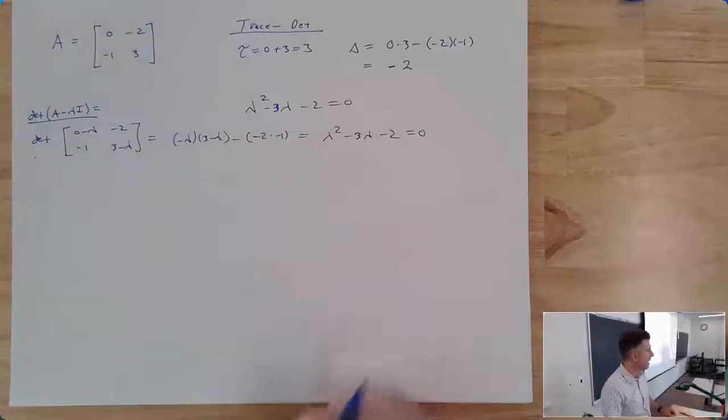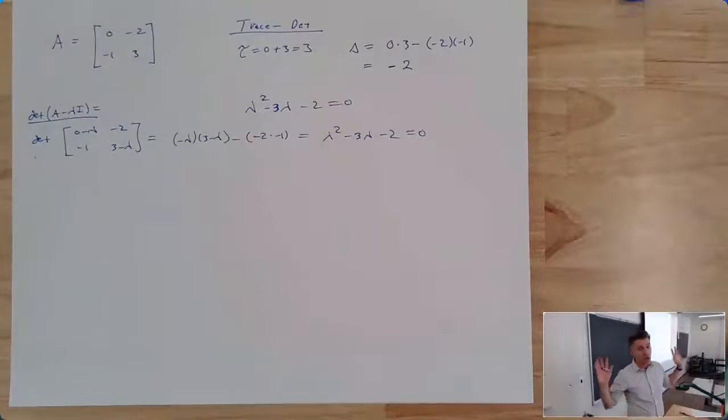Bummer, it doesn't factor. So this is actually why it's nice to know this thing about the determinant, because if they're just asking us to classify, we'd be like, oh, well, I know if the determinant's negative, then my eigenvalues are going to be opposite signs and I'm going to have a saddle. But we could also use the quadratic formula to see this.